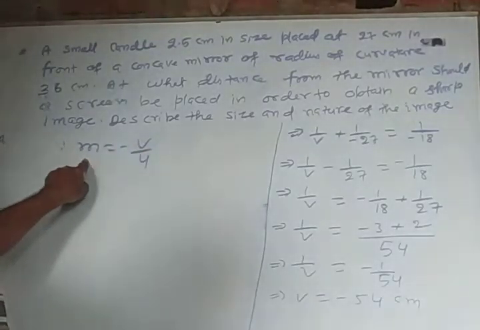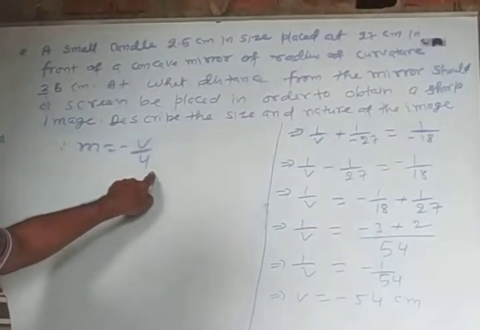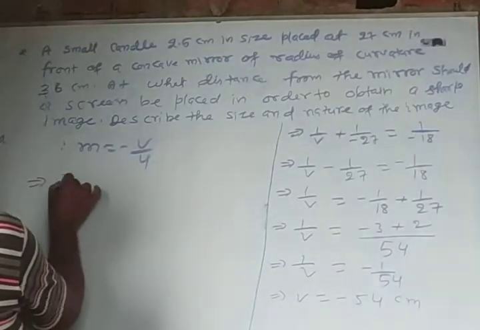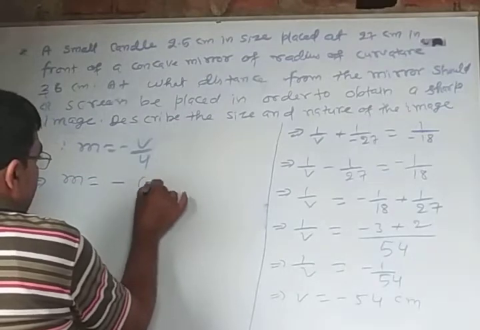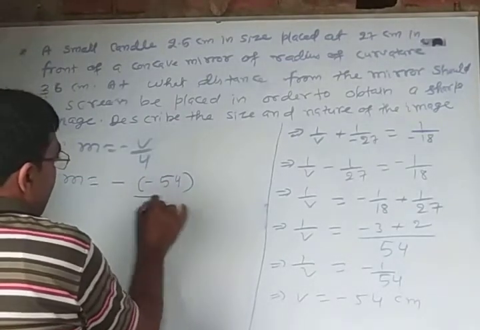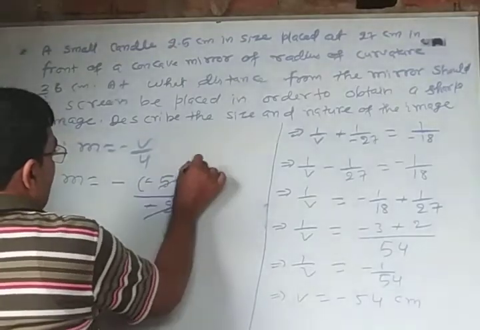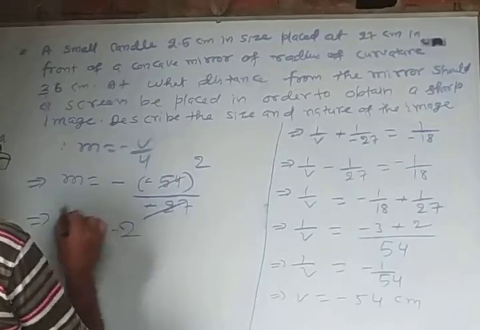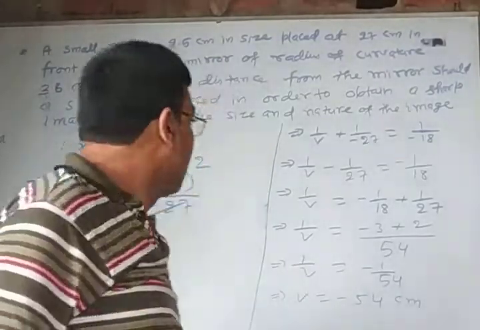Here m is magnification, v is image distance, u is object distance. Therefore, m is equal to minus 54 upon minus 27. Therefore, m is equal to minus 2. Magnification has no unit. Okay.